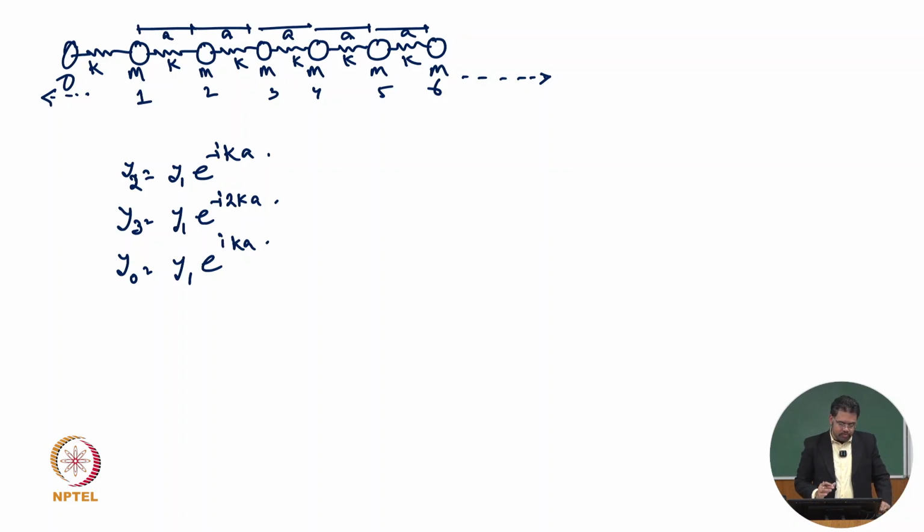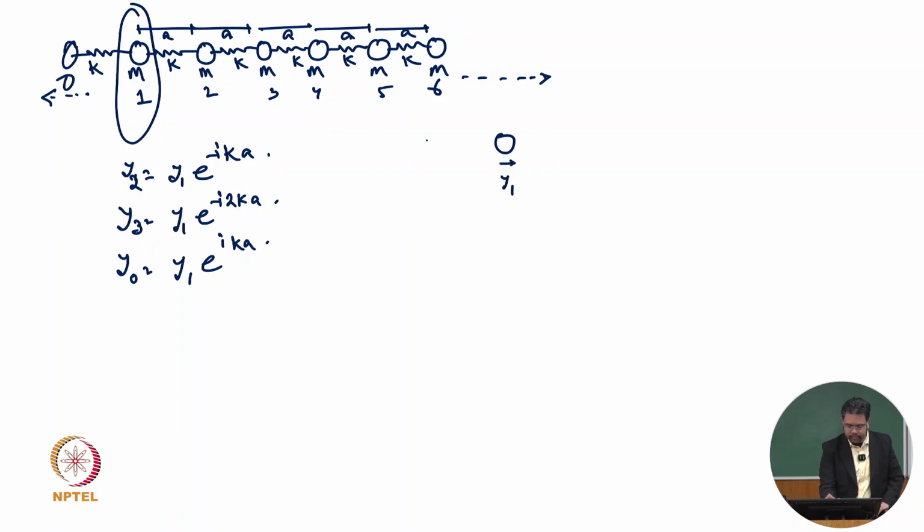Now think that we try to make an equilibrium equation for, let's say, point 1. What can we get? Point 1 is displaced by y1.